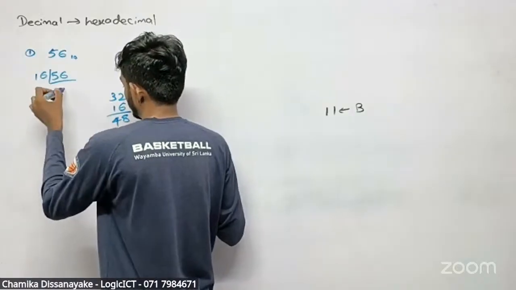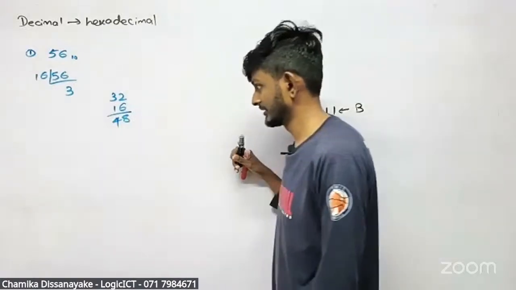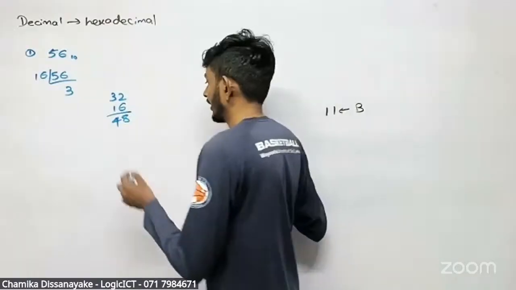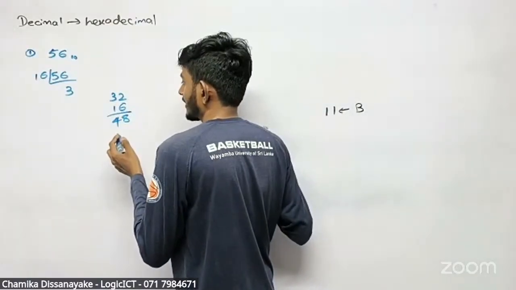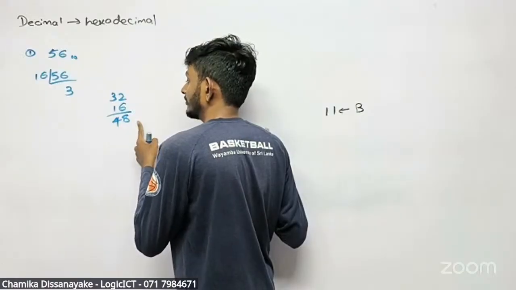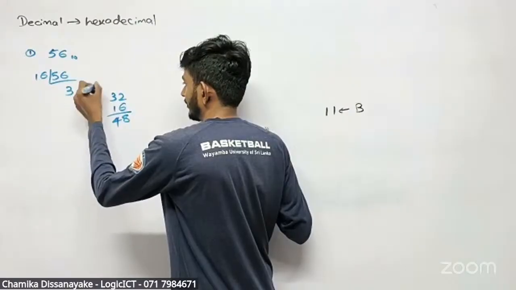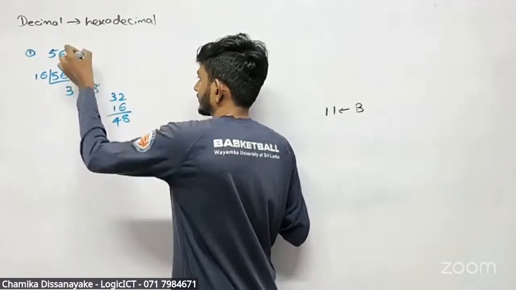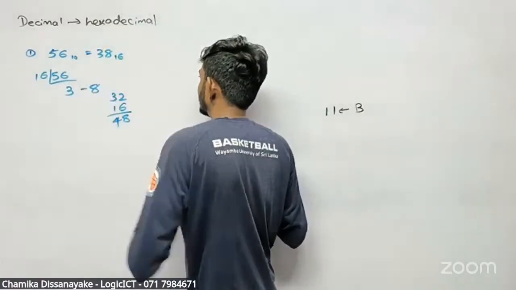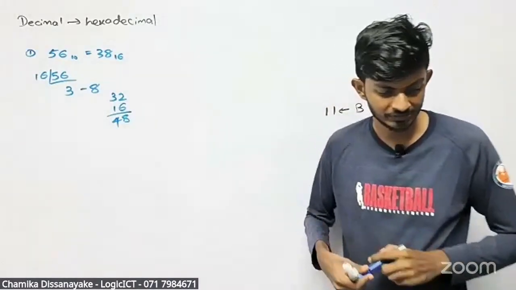That means there are 3 16s in the 56, and 48 means for the 56 there are 8 left. So 38 is the 16th base number. Is this correct? Is it okay?